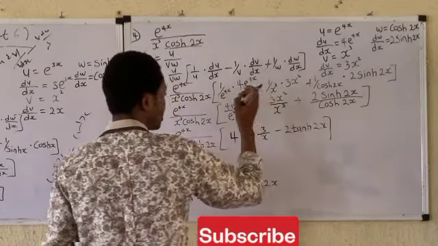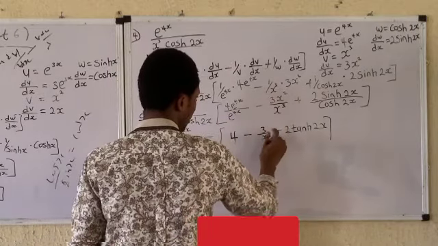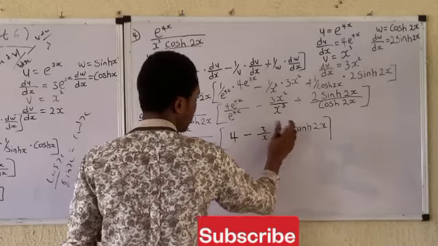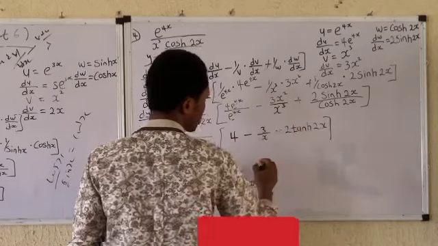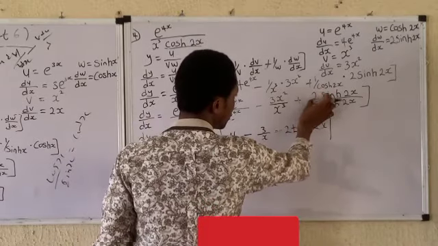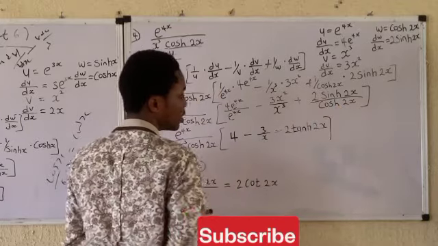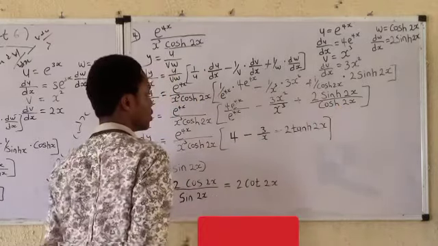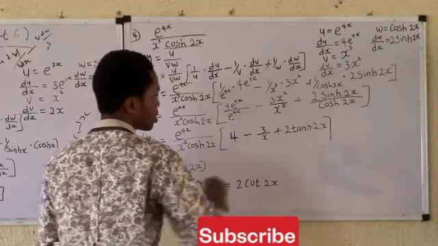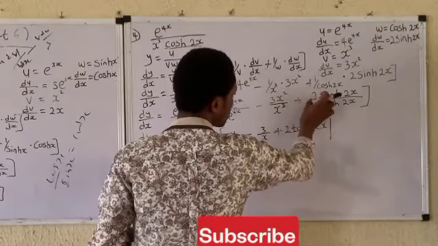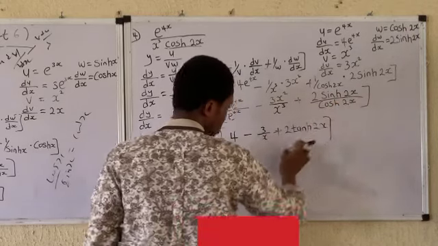So subtracting 2 from 3, we are left with 1, so 3 over 1, plus, with a positive sign here, plus 2 sin 2x over cos 2x.